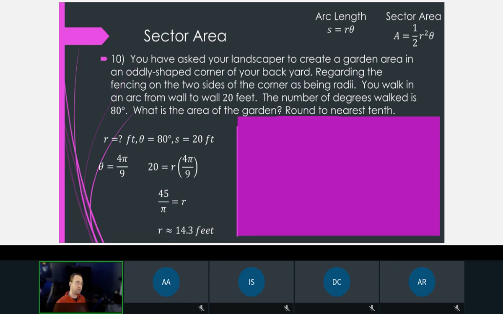Remember I said you want to use exact work when possible. So we don't want to just plug in that answer directly. We actually want to use this value for R when you plug it into part 2 of the problem, which is just the sector area problem. Does that make sense?